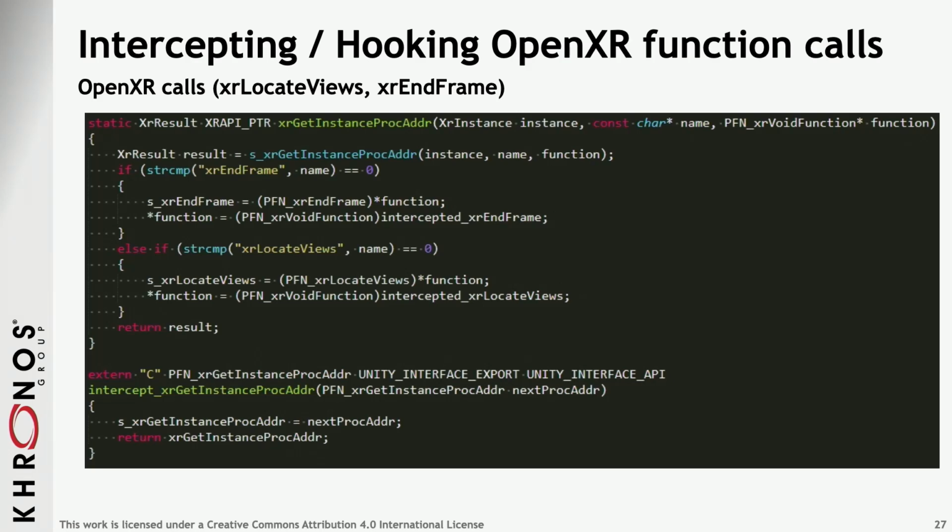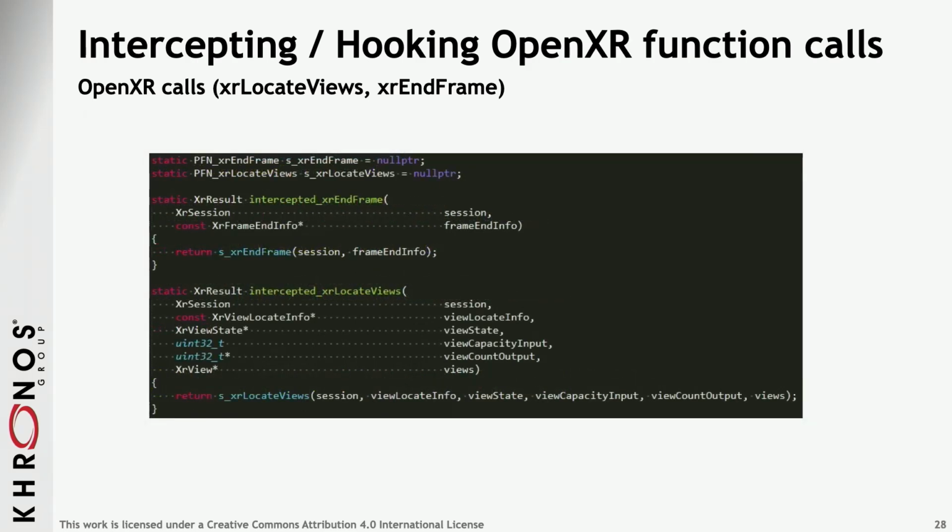Basically, whenever Unity asks for the xrLocateViews call, we're going to say, well, it's not the one from OpenXR, it's ours, and then we'll call the one from OpenXR. This is a pretty standard pattern for doing that. We're just going to return our intercepted xrLocateViews, and we'll call the real one when we're done. We're doing that for both xrLocateViews and xrEndFrame.